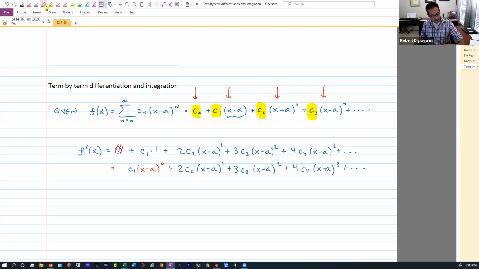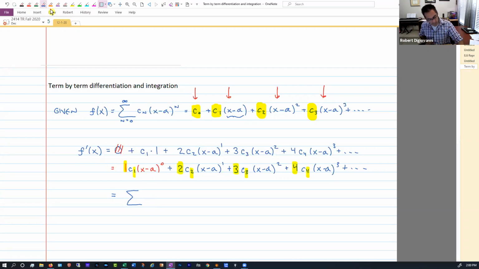And the reason I did that is because if we now rewrite this in sigma notation, do y'all see that there's a lot of things that we have in common here? Like, look, there's a 1 in front of this. There's a 1 there and a 1 there. And then here it's 2 and 2, here it's 3 and then 3, and this is 4 and then 4.